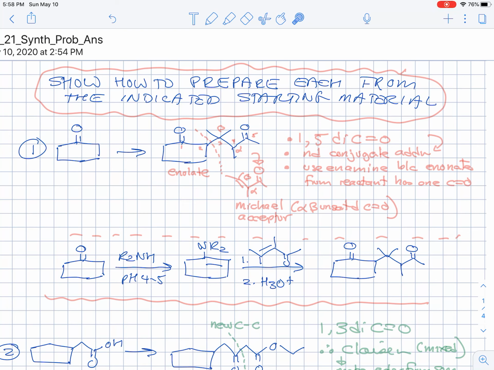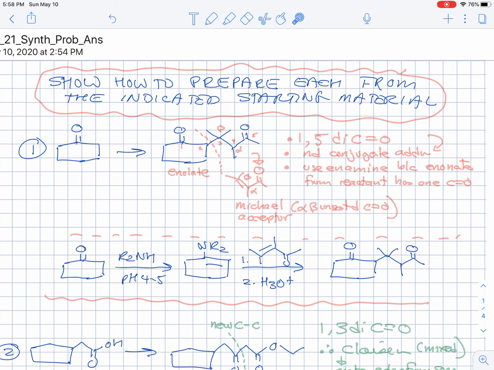So again, we have to use the Stork enamine synthesis. And so the first thing we do is we take our starting material, we make the enamine, and then we add our pre-selected Michael acceptor and do a hydrolysis. And the hydrolysis accomplishes three things. One is it hydrolyzes the intermediate aminium that you get after this addition to the carbonyl.